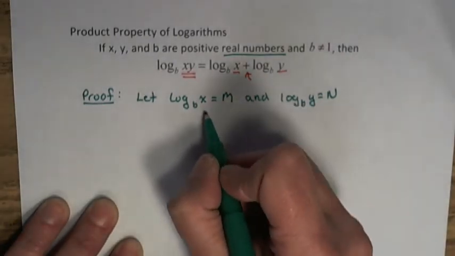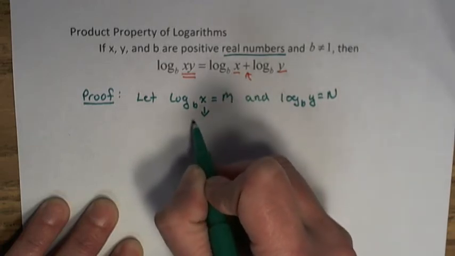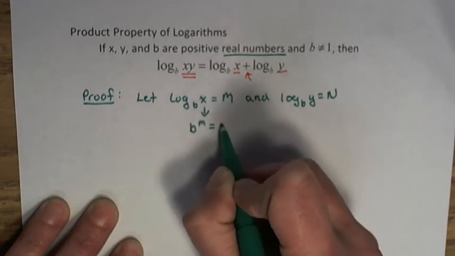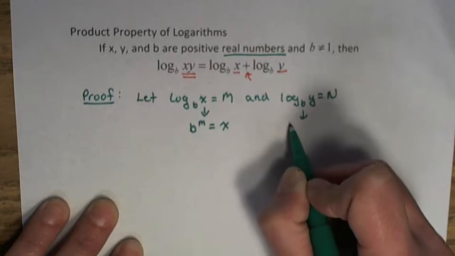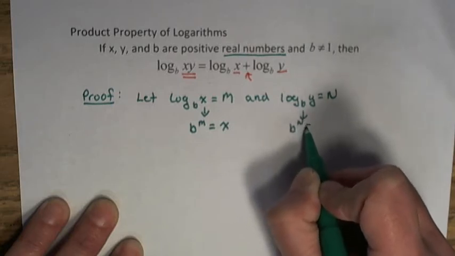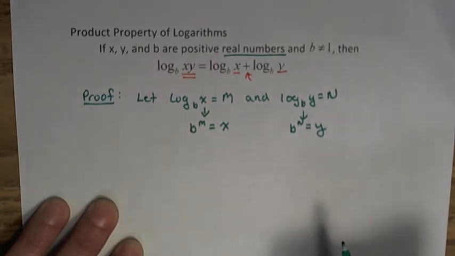Now, if we apply our definition of log to the first one, we get b to the m is equal to x. And with the second one, we get b to the n is equal to y. All I'm doing there is applying the definition of log to both of those expressions.